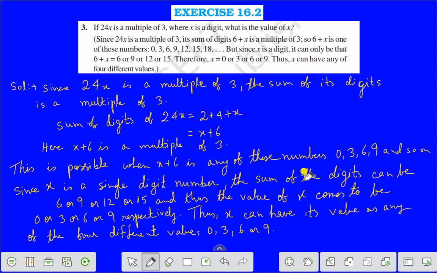Since x is a single digit number, the sum of the digits can be 6, 9, 12 or 15, and thus the value of x comes to be 0, 3, 6 or 9 respectively. Thus x can have its value as any of the four different values, that is 0, 3, 6 or 9.